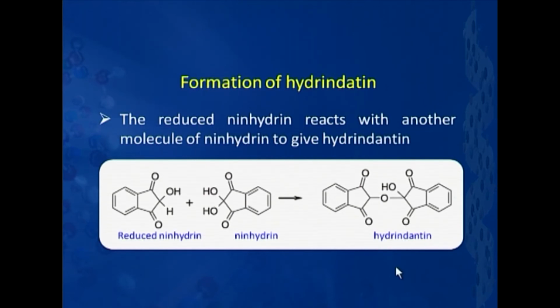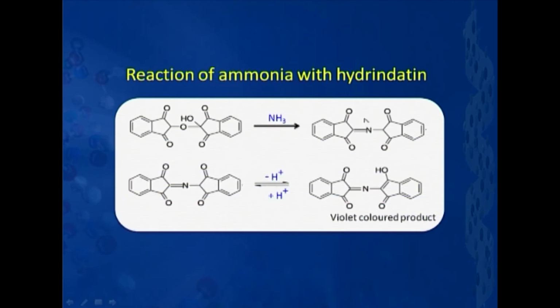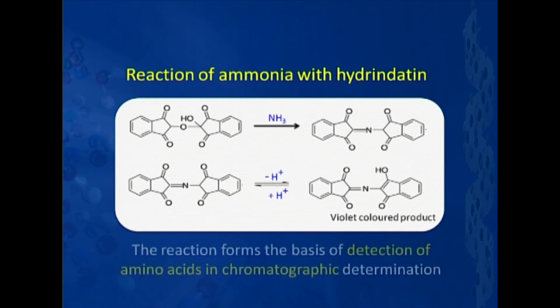And the ammonia which came out as a consequence of oxidative deamination reacts with hydrindantin as follows. In this case, you get the following product, which in the presence of acid gives us this species here, which gives a very intense violet coloration, and this reaction forms the basis of identification of amino acids in a wide spectrum of applications.